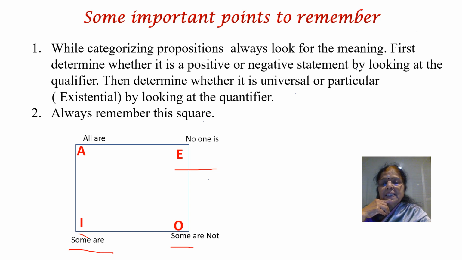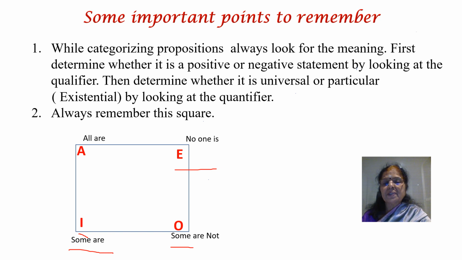But suppose they say, seldom any student comes to the class. Seldom means some don't come to the class. Some are not present in the class. Hardly any student comes. Negative. Why? Not many come. So hardly any student comes also means some are not. Negative, O type. You understand?